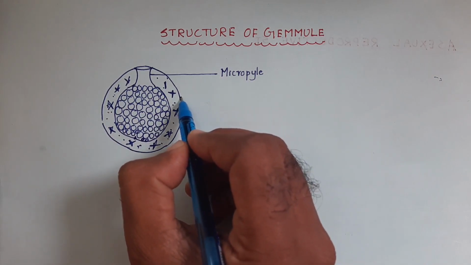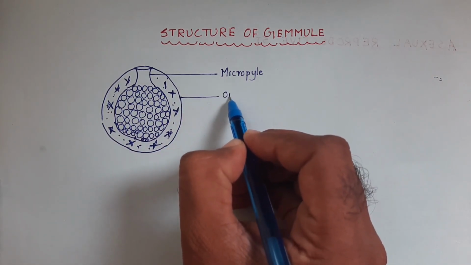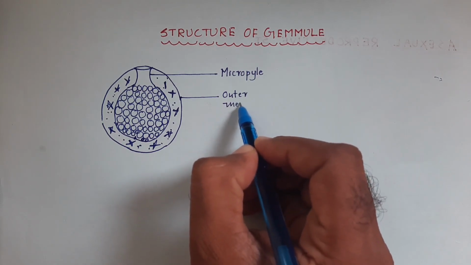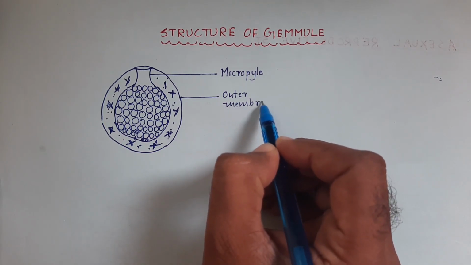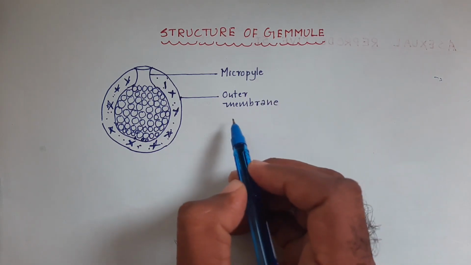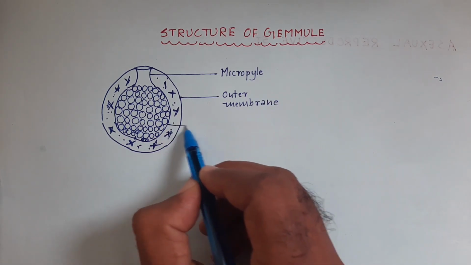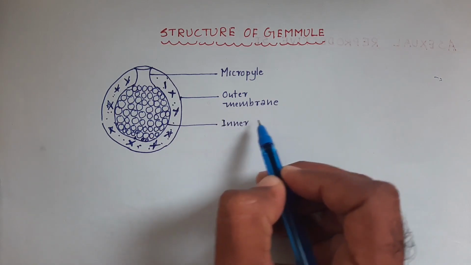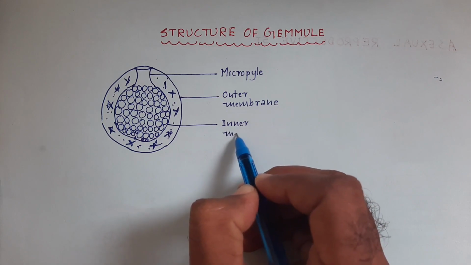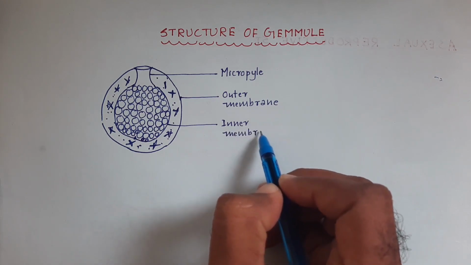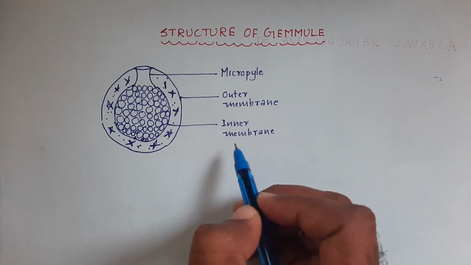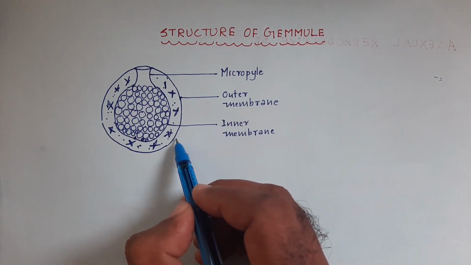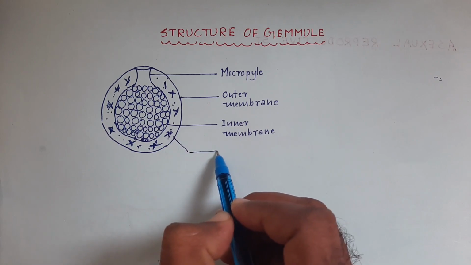So this is the outer membrane or outer covering, and the inner membrane, and these are the spicules.